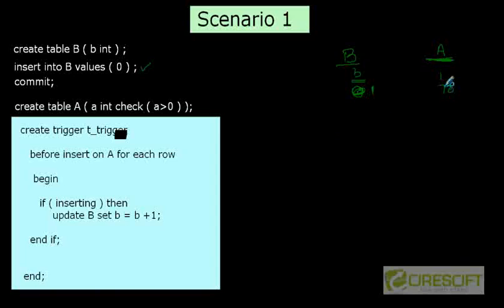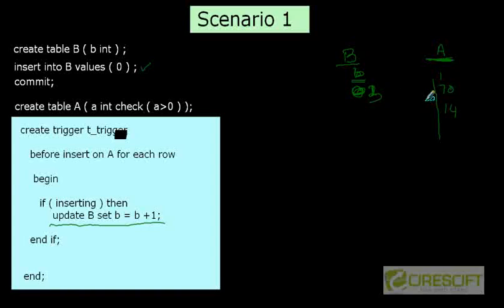If I insert 10, then this becomes 2. If I insert 14, then this becomes 3, and so on. Whatever number of rows I insert into table A, each time I insert something, the before insert trigger is going to fire, and it is going to update the value of column B of table B with the current value +1.